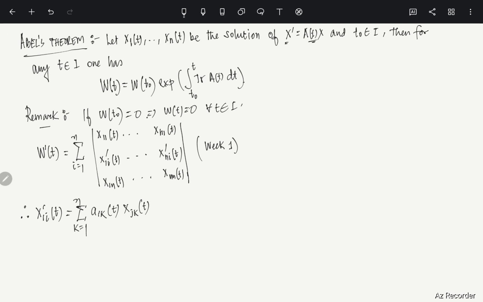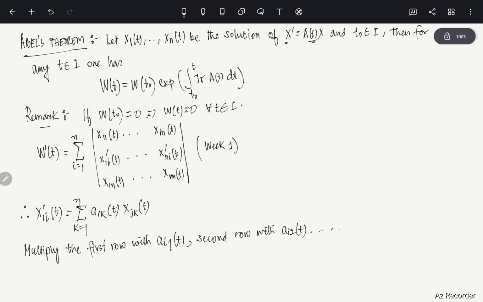Now put it in the above expression. Multiply the first row with a_i1(t), the second row with a_i2(t), and go on doing this for every row except the ith row, and subtract their sum from the ith row.